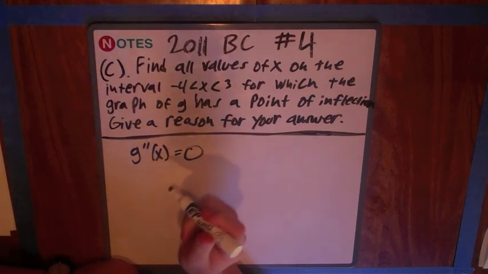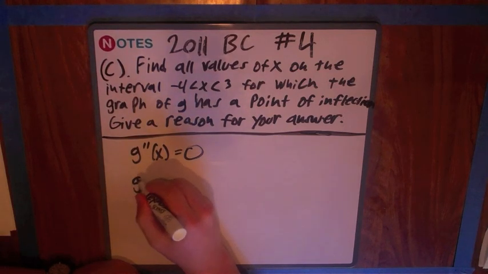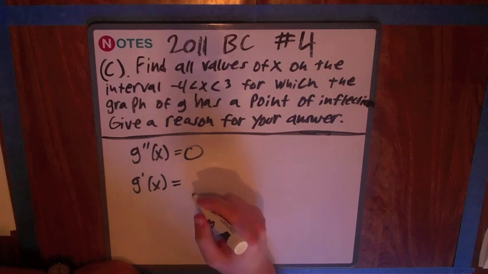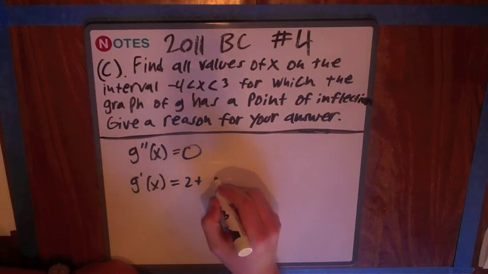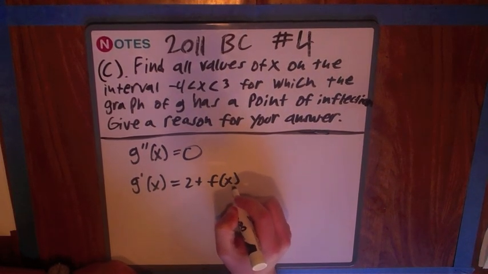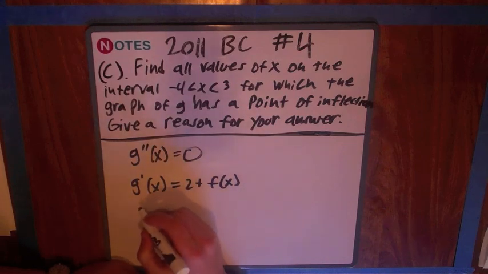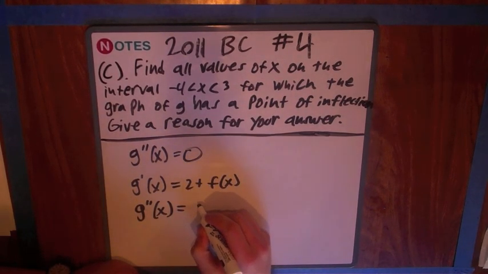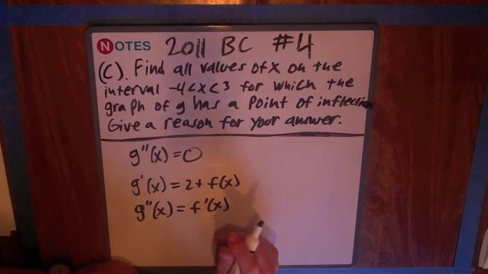So looking back, we knew that G prime of x is equal to 2 plus f of x.